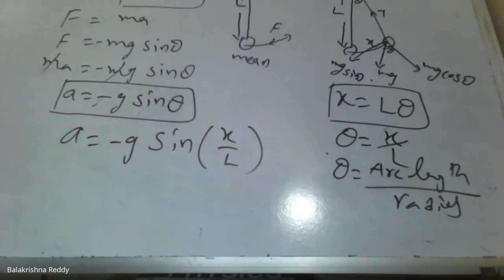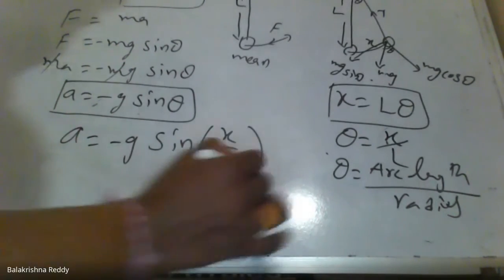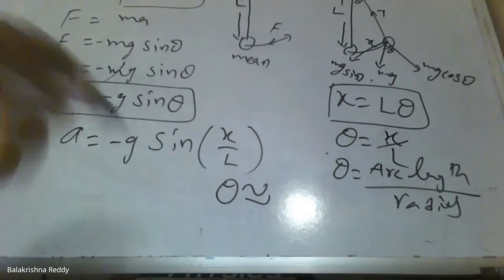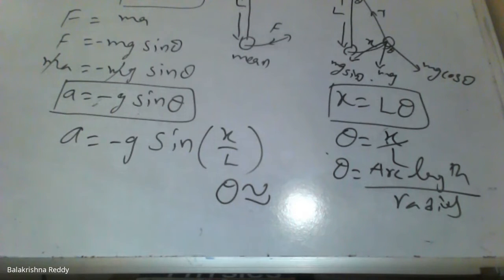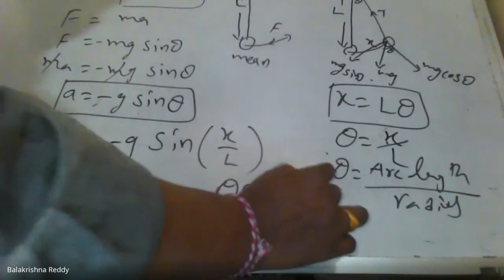As we know the basic condition, as I said about the difference between oscillation and vibration, theta in simple harmonic motion must be less than 10 degrees. So sine theta is very, very small, that is 0 point something.